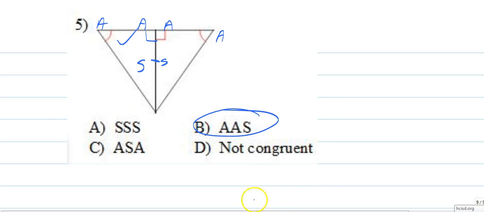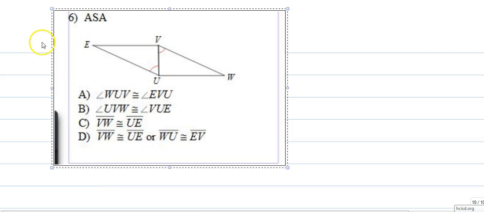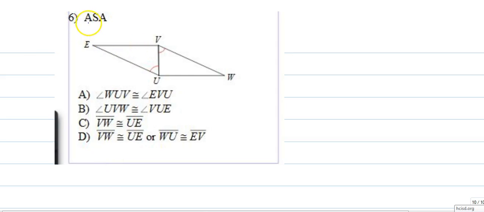Alright, number 6 here. What information is missing to make this be angle side angle? First, the triangles are touching at a side, so this is a free side for you to put a symbol. Now, make it be angle side angle. In the triangle on the left, I have an angle already.